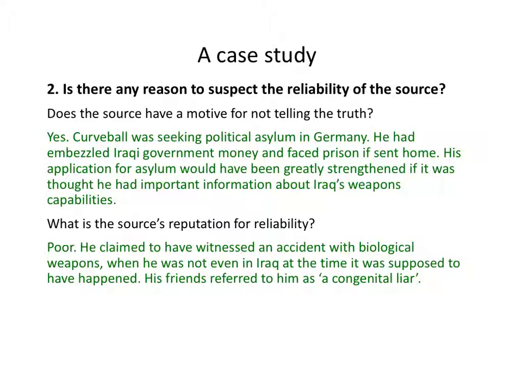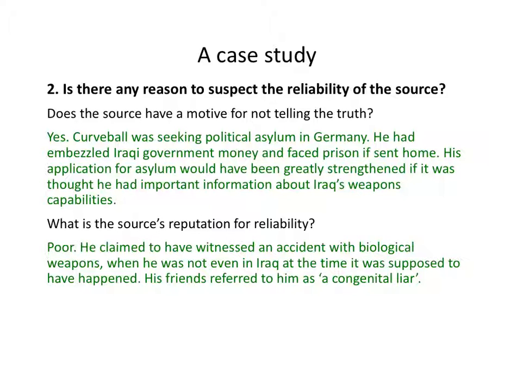What was his reputation for reliability? Well, German intelligence, who first interviewed him, came to the conclusion that he was very unreliable indeed. For example, he made other claims that they were able to determine couldn't really be true.